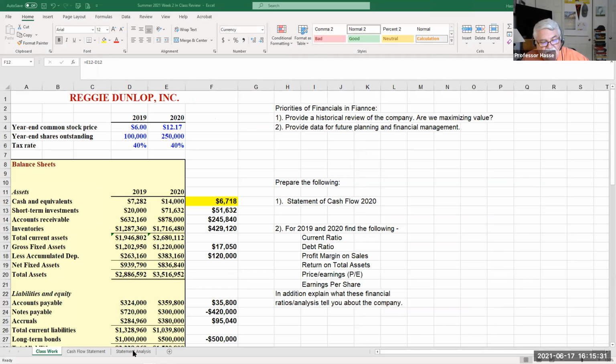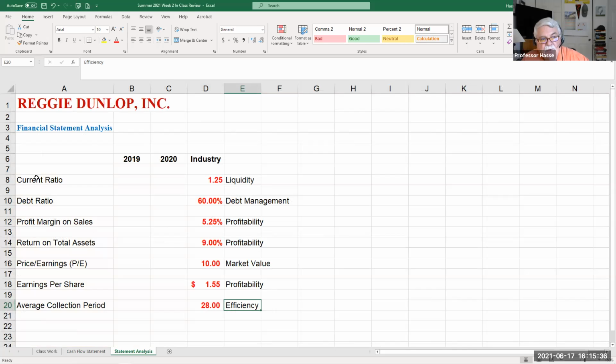These are the ones on the third tab in our spreadsheet for this week that you need to know about: current ratio, debt ratio, profit margin on sales, return on total assets, price earnings ratio, earnings per share, and average collection period.